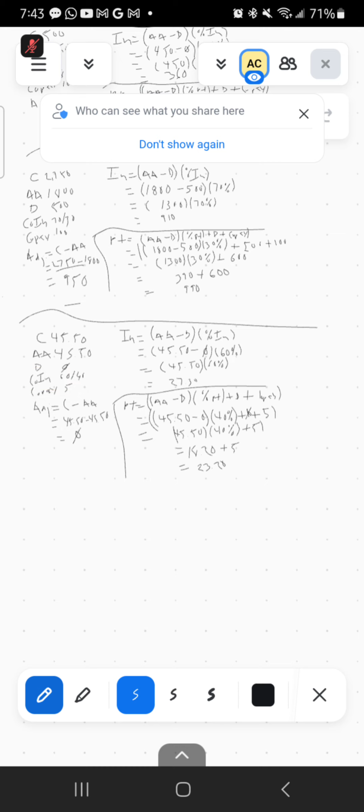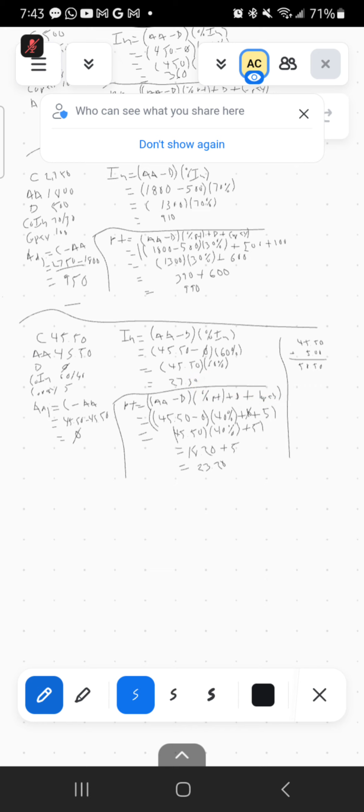This is not for today, but you guys are asking for things. So 4550 was the allowed amount, the charges. And then we had a $5 for co-payment.